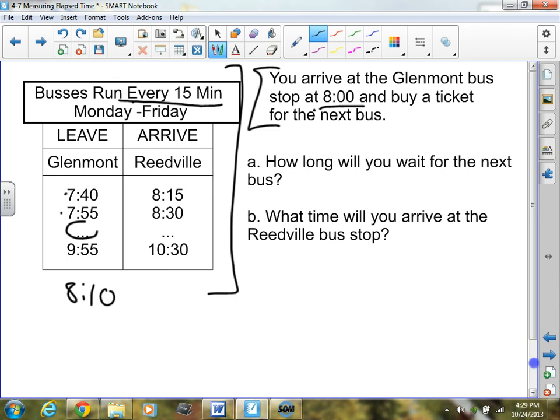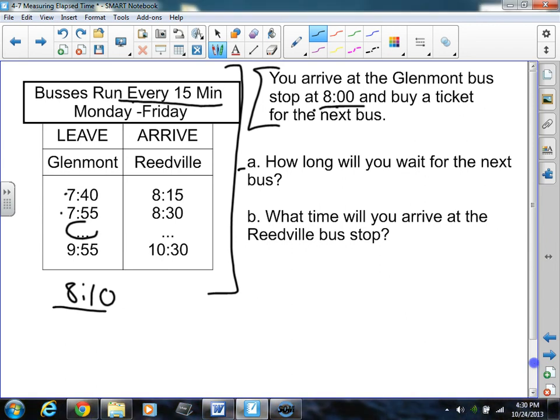So the first question says, how long will you need to wait for the next bus? Well, if I'm there at 8 o'clock and the bus leaves at 8:10, I'll be waiting for 10 minutes. Part B says, what time will you arrive at the Reedville bus stop? So once again, buses run every 15 minutes.